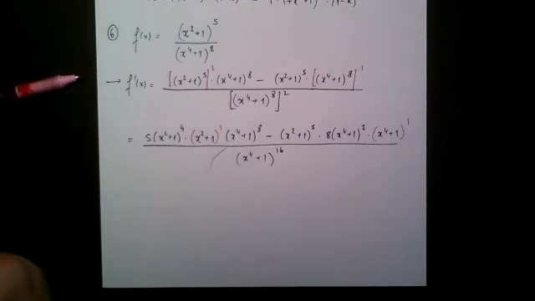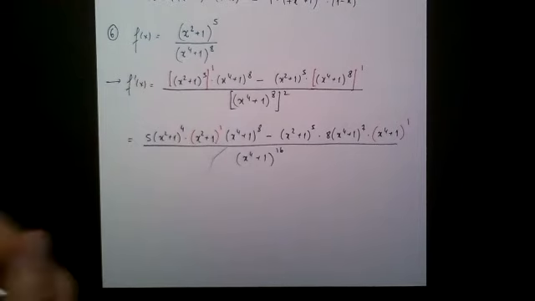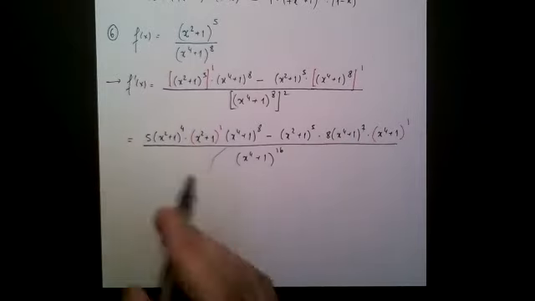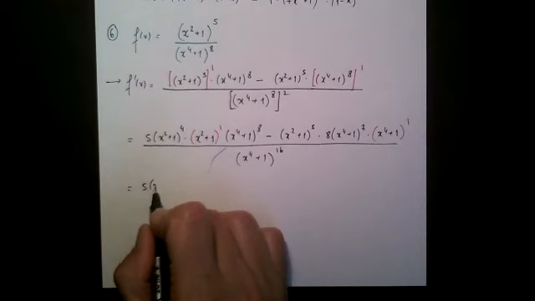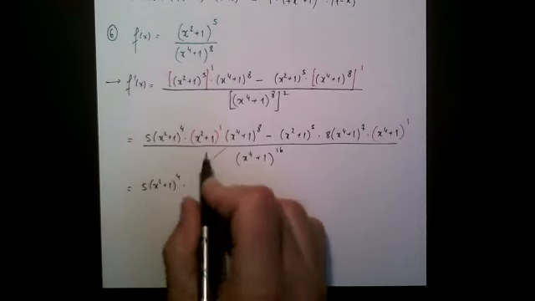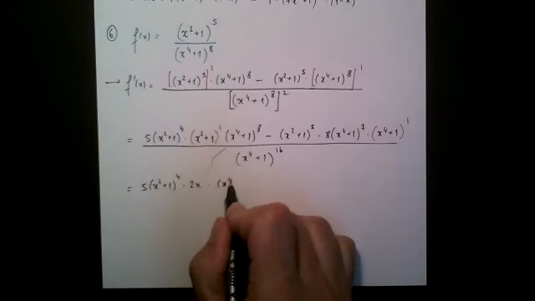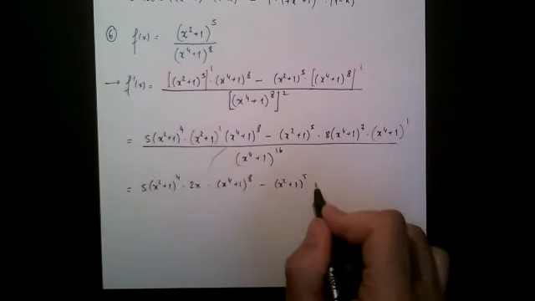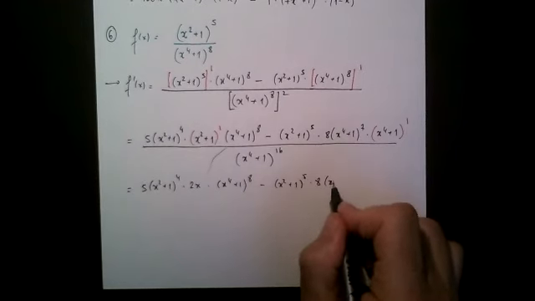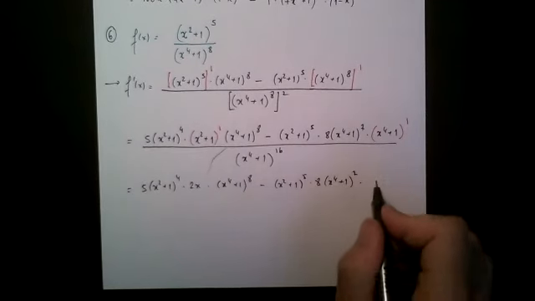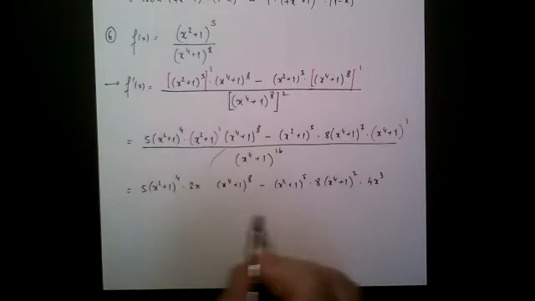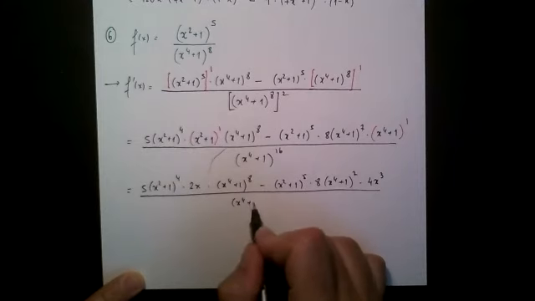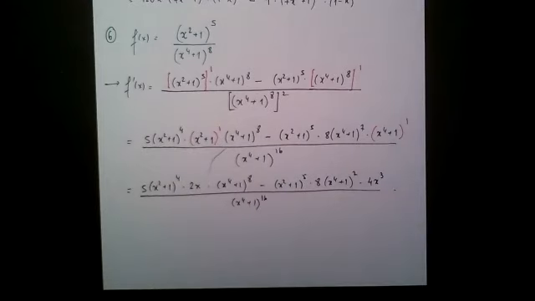Any questions? That's it. So now I have to recopy everything and just evaluate these two easy derivatives. So it equals 5 times (x^2 plus 1)^4 times 2x, times (x^4 plus 1)^8, minus (x^2 plus 1)^5 times 8 times (x^4 plus 1)^7 times 4x^3, over (x^4 plus 1) to the power of 16, and that's my answer.